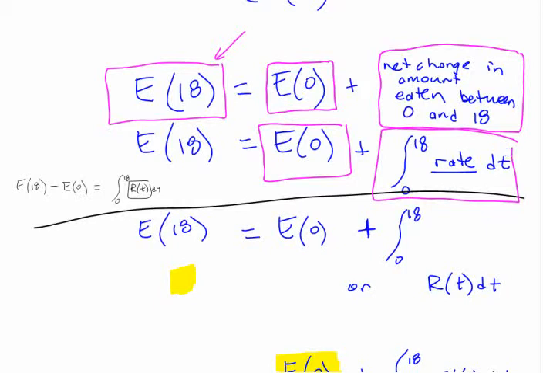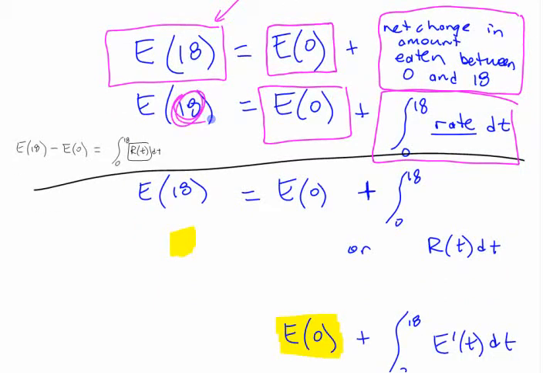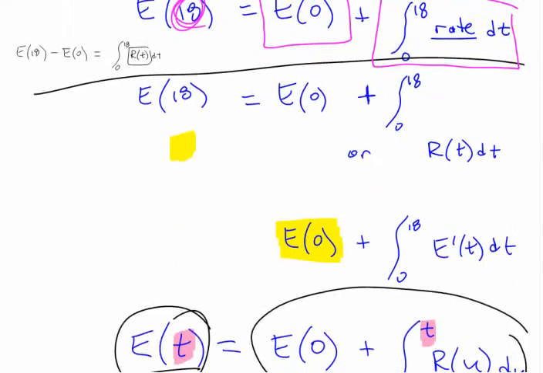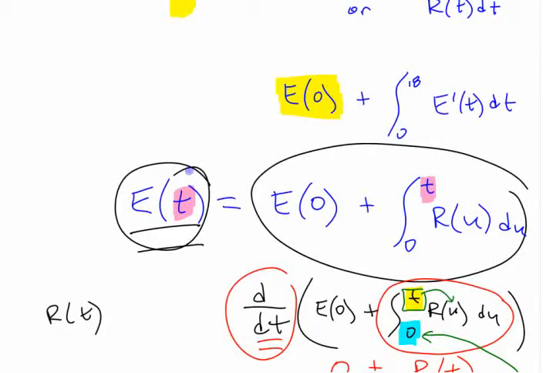Now we extended that to make this a variable. Right down here, we said if we want to know the amount at any time t, this is the variable here. Okay, the variable is the upper limit of integration.